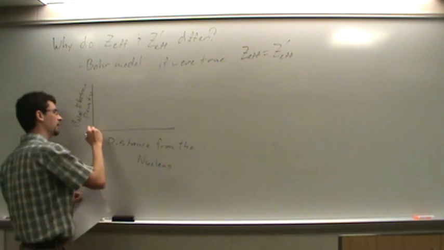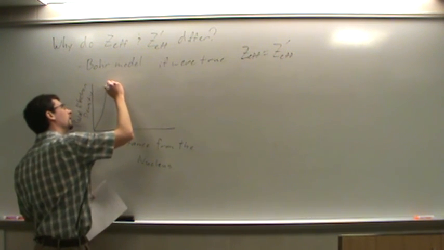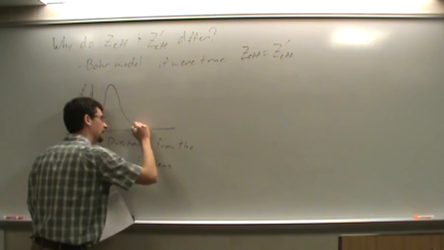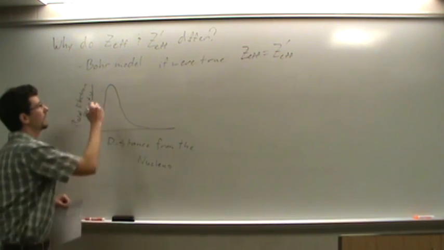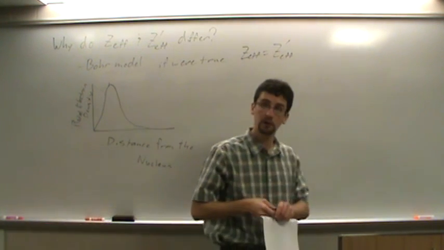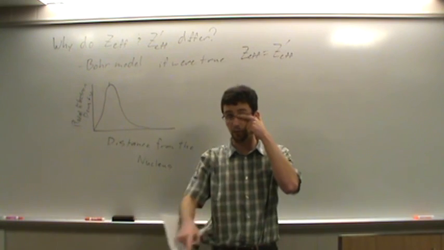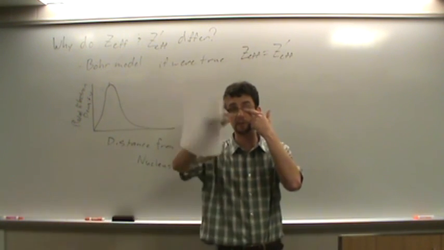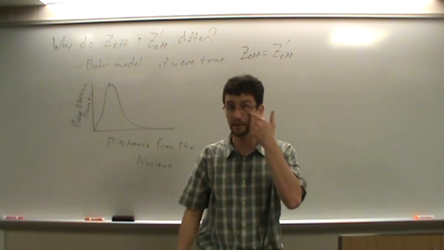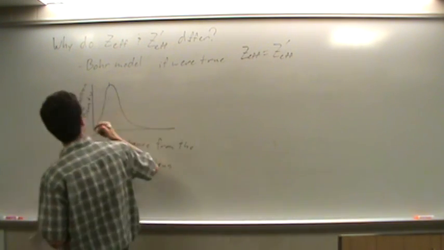And if we consider a 1s, we actually get something that looks kind of like this, where this maximum is what's known as the Bohr radius, and that's actually that orbit, the distance from the electron and the nucleus in the Bohr model of the atom. That's exactly what this is.